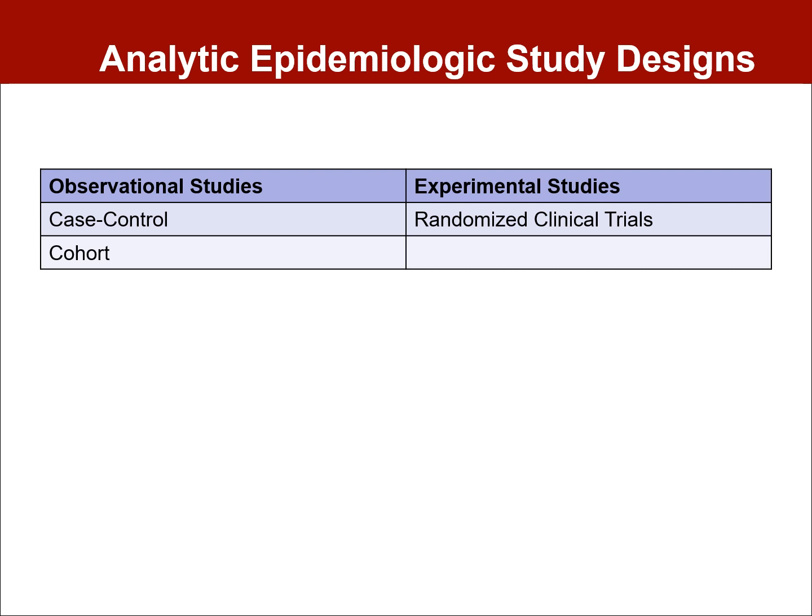Like I stated a few slides earlier, they're considered observational studies, meaning that while there's more rigor associated with these study designs, the investigator or researcher still does not influence what happens in the natural environment. All he or she does is observe what happens in the natural environment to determine the association of the relationship between an exposure and an outcome.